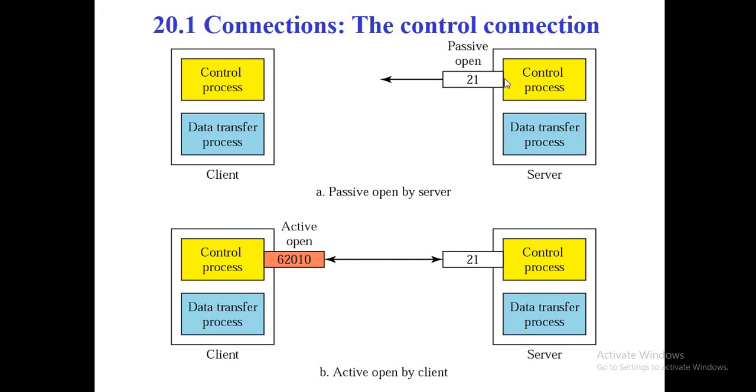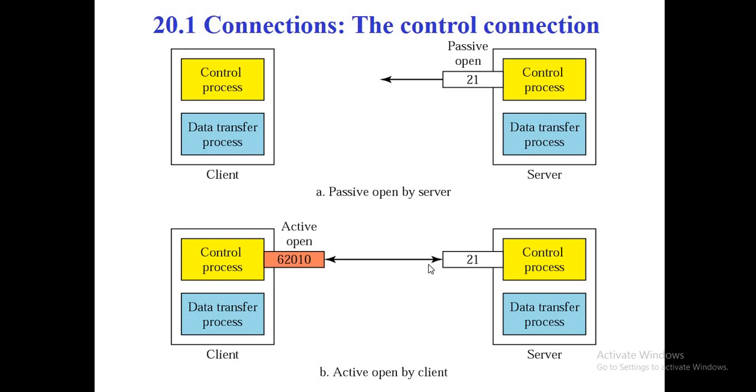Here we can see that the server first makes a passive open on port number 21. Passive open means it opens the port and waits for some incoming connection. When the client wants to connect with the FTP server, the control process on the client side, with some source port, for example here 62010, establishes a connection with the server on port number 21.